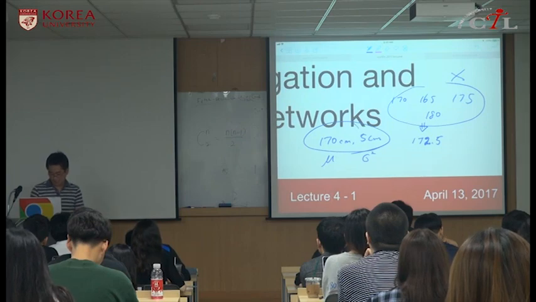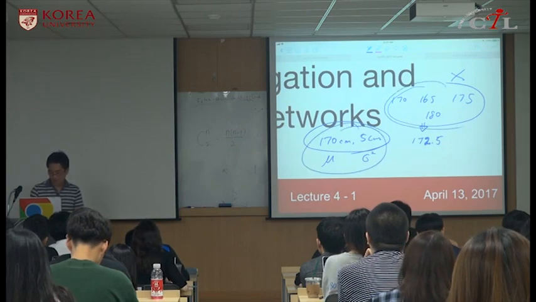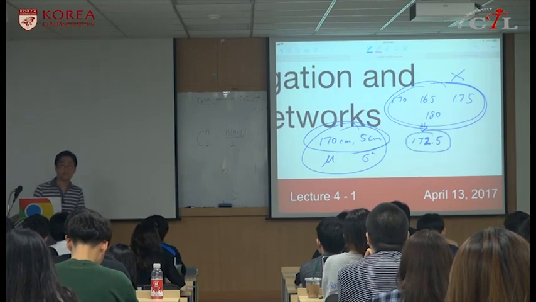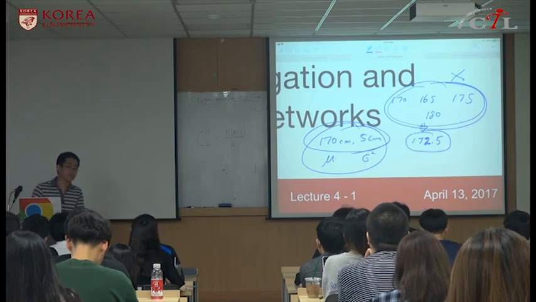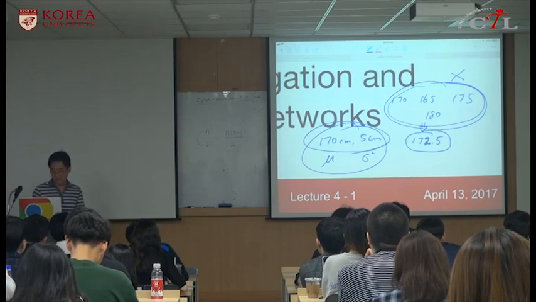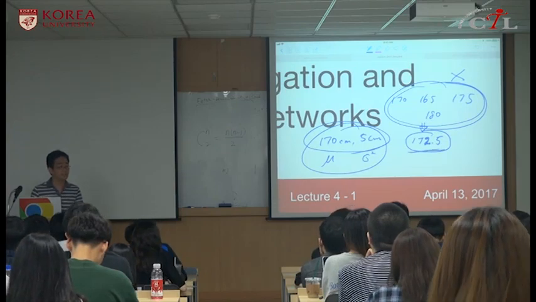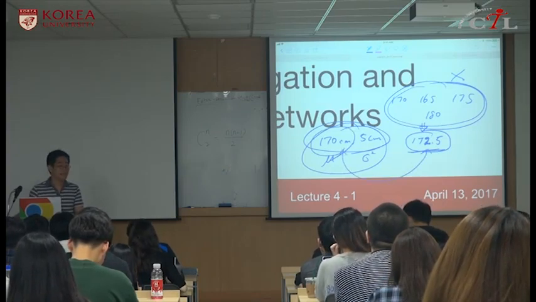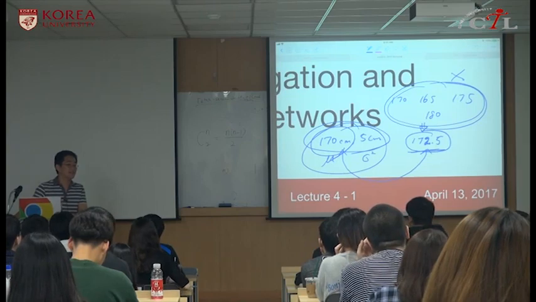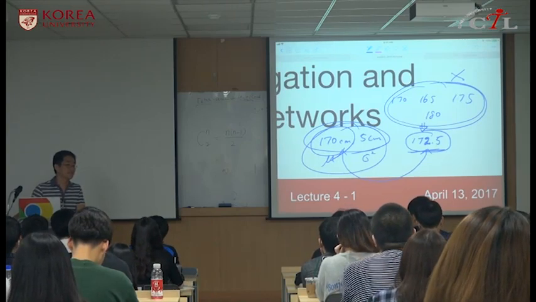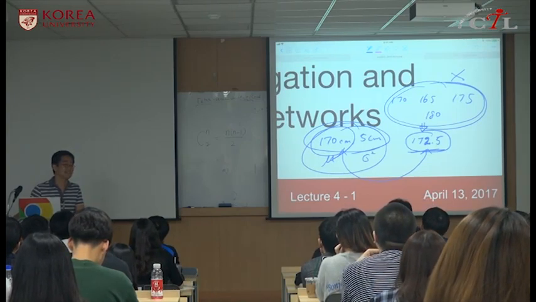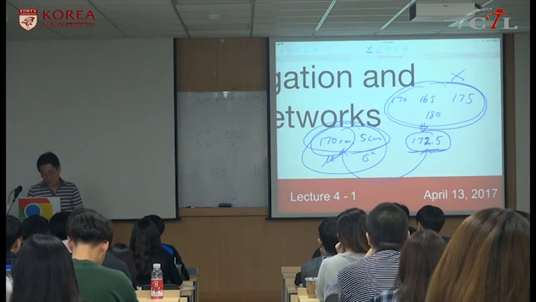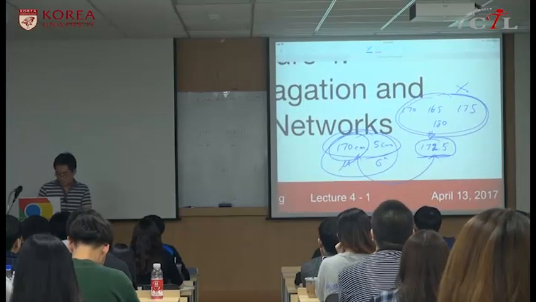This prior belief, and also what is purely driven by our data, which says our optimal mean value should be 172.5, are weighted averaged as the posterior estimation, or Bayesian estimation. So this is our prior knowledge.